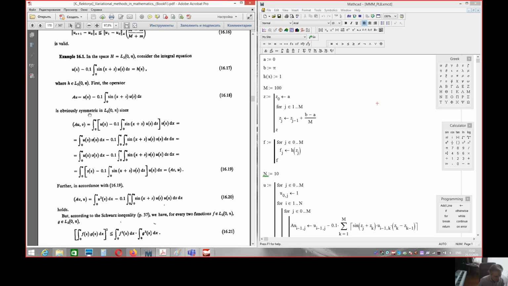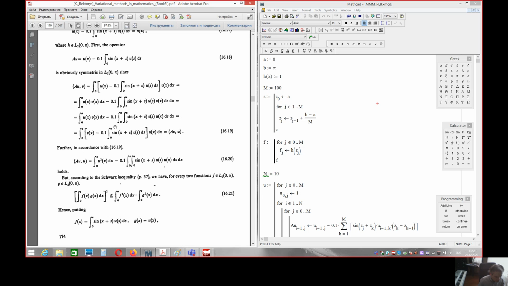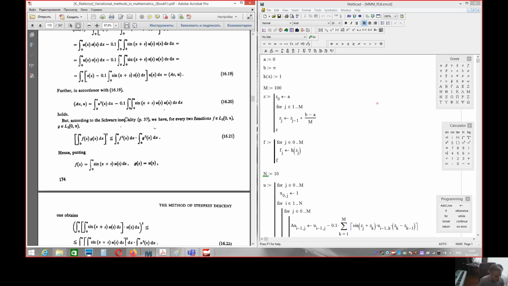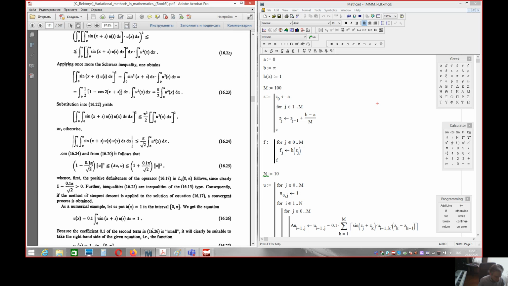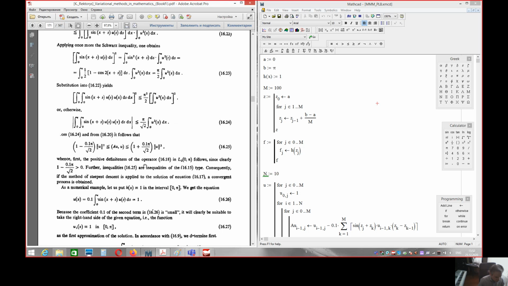It is obviously symmetric in L2 from 0 to pi, and further we can show its positive definiteness. So we can use the method of steepest descent to solve this equation.